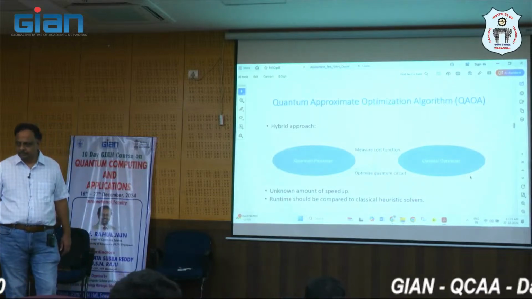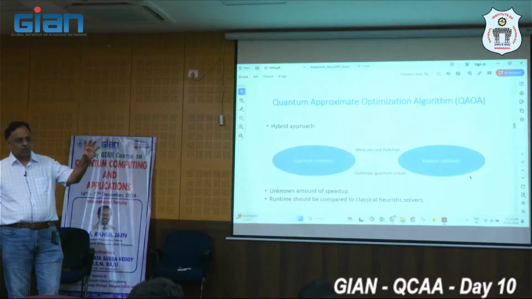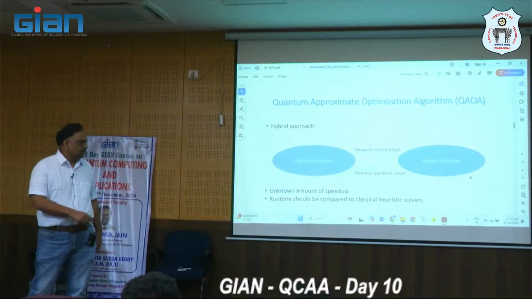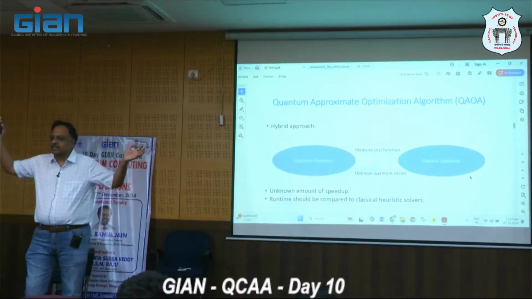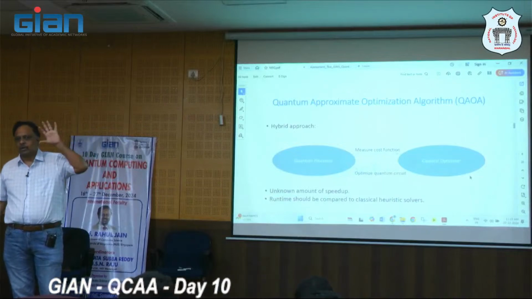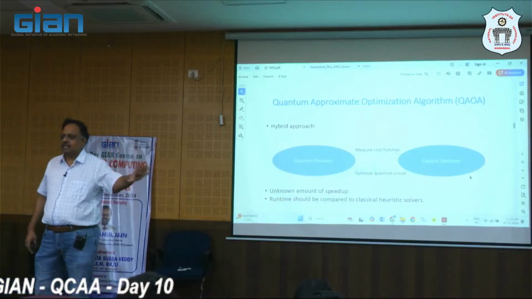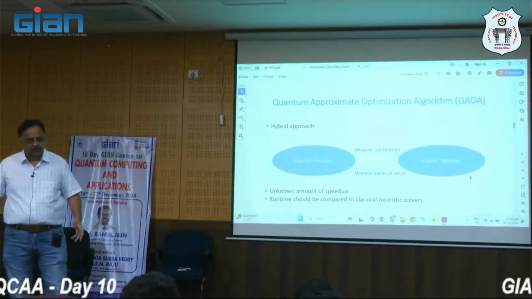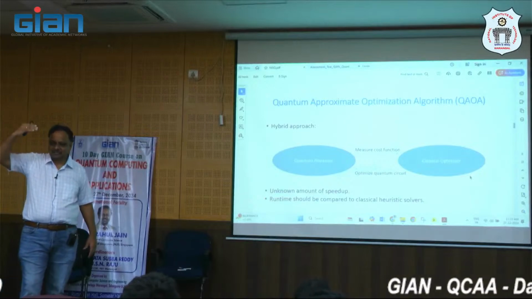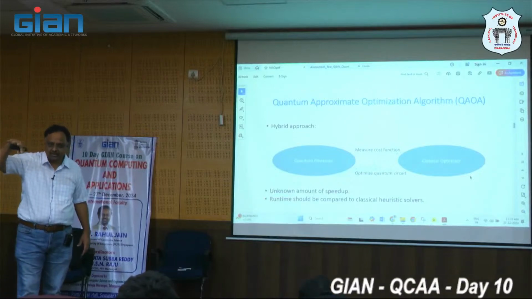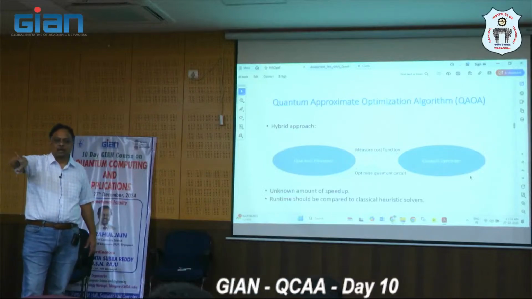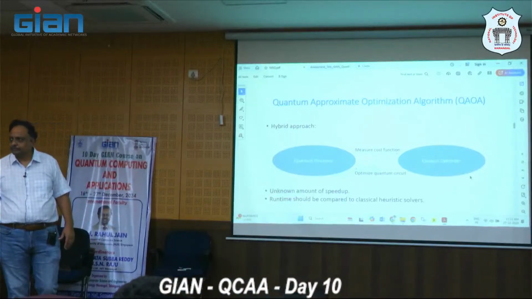In QAOA, we are also trying to approach the ground energy of a certain system. That system is a classical CSP system, but the objective is the same. In VQE, typically you have a quantum Hamiltonian system for which you are trying to approach the ground energy. Here it is a classical CSP system for which we are trying to approach the ground energy. Okay? Any questions?